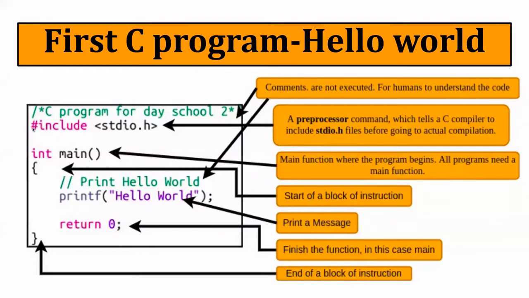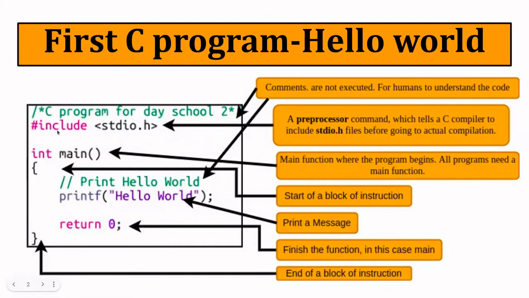You can see this with the hash sign, include stdio.h. These printf, and later you can study scanf, are both input and output. These input and output operations are standard functions of the C program.